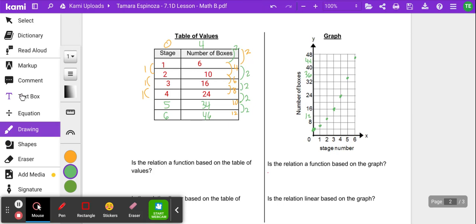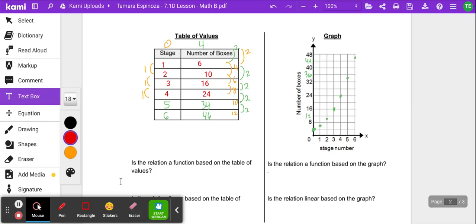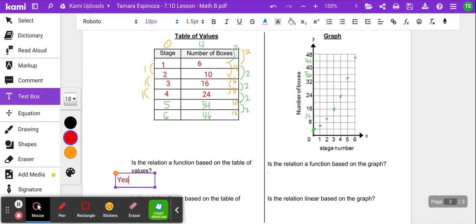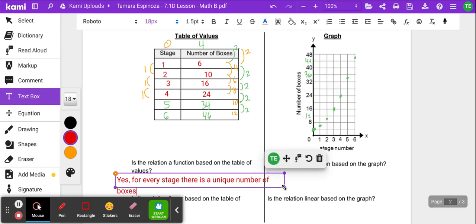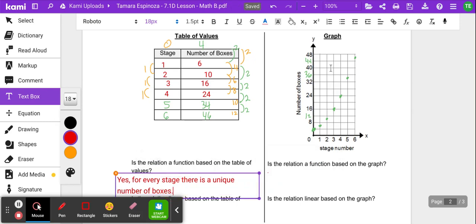So here, is it a function? Yeah, based on the table, every input's only giving you one answer. So yes, for every stage, there's not two different answers, there's a unique number of boxes. Okay, over here on the graph, it is a function because it passes the vertical line test.